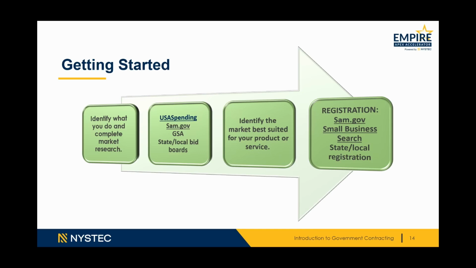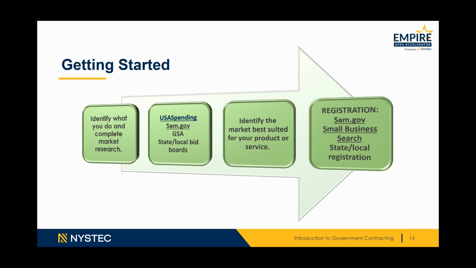There's also the SBA. Once you're registered in SAM and you've gone through the full process, gotten what they call your UEI, which is Unique Entity Identifier, and that replaced the DUNS number for anyone who's old school, and then you complete the other portion of the registration and get your CAGE code, then as long as you haven't opted out of public visibility, you will have a profile set up for you in SBA's Small Business Search.